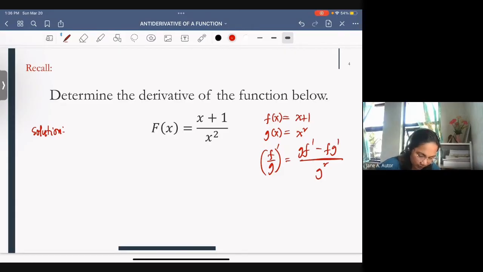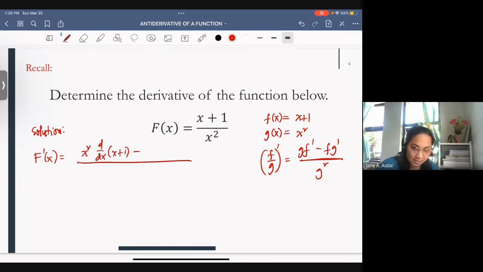So for our solution in this case, f prime of x is equal to our g is x squared, so copy x squared, multiply that by the derivative of x plus 1 minus copy our f of x, which is x plus 1, times the derivative of x squared with respect to x divided by our x squared raised to the second power.